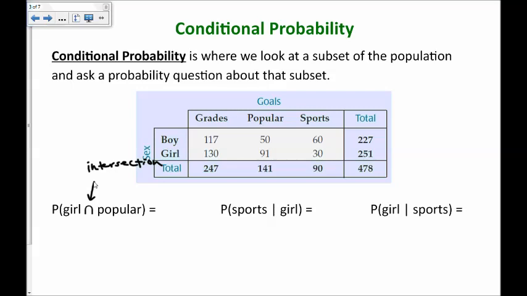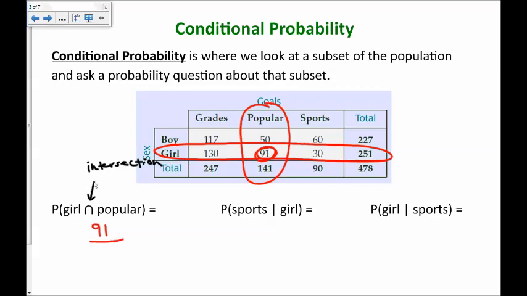Girls are here and the goal popular is here, so I'm looking at this 91. So 91 students are both girls and want to be popular out of the total 478.